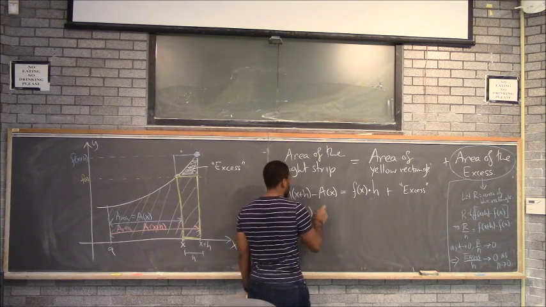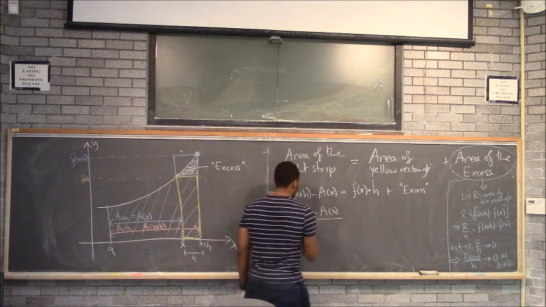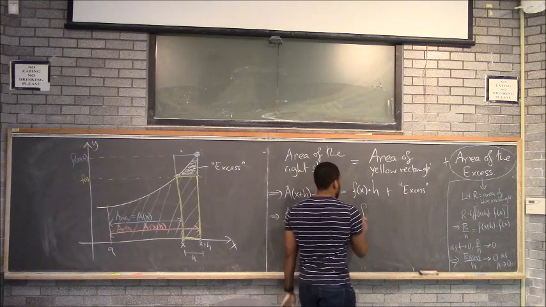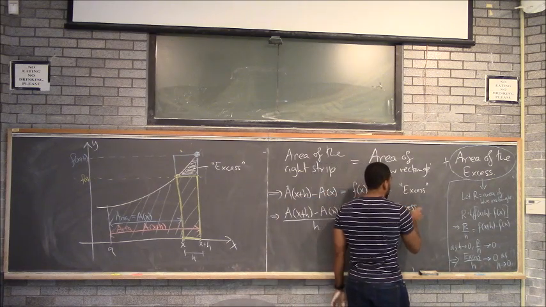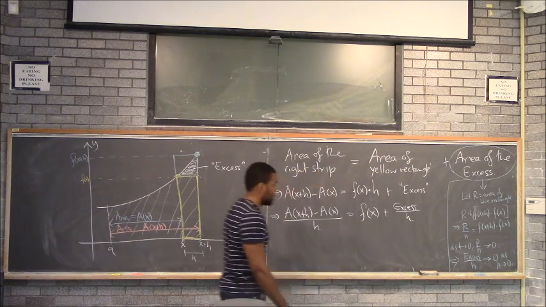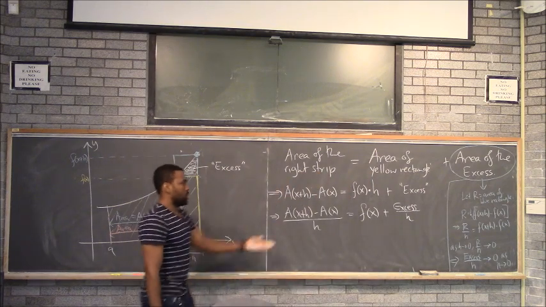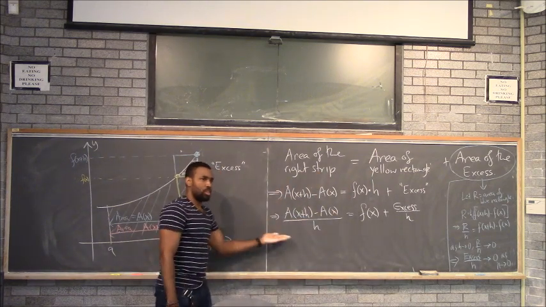Why would you do that? Because I see something that I know how to do. And that will give me the excess over h. The way to take that part is very familiar.